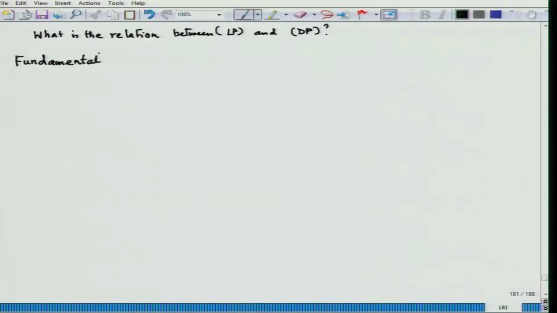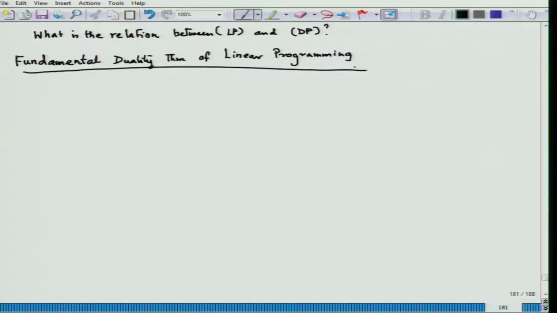If we feel that tomorrow it will get too complicated, we will do it maybe after 1 or 2 days when you get more or less habituated with this stuff, fundamental duality theorem. So, let me write down the fundamental results about duality.